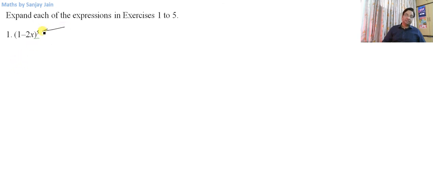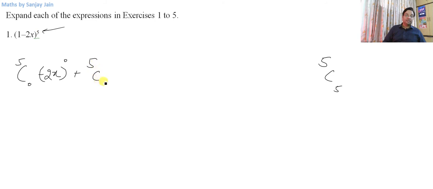see, the power is 5, so the coefficients I'll get, I'll start with 5c0 and go up to 5c5, because I cannot have 5c6, right? This is up to where I can go. 5c6 is not a valid term, so I'll start with 5c0 and go up to 5c5, right? And then you know that in the first term here I'll write minus 2x raised to power 0.